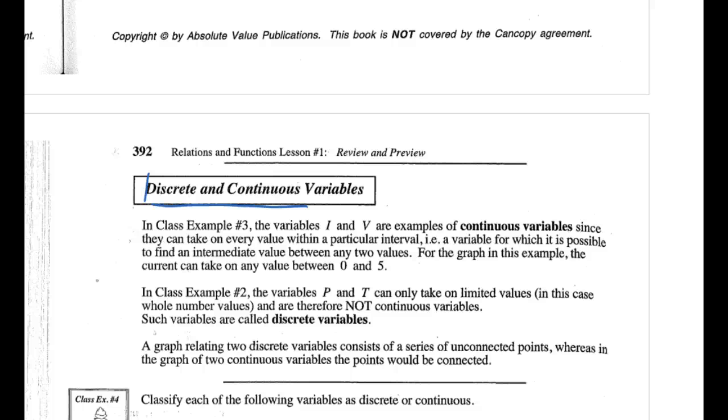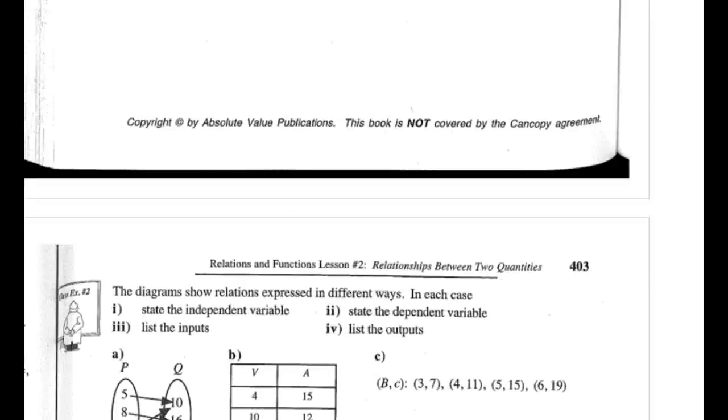Again, the toothpicks example would be discrete for the reason I mentioned earlier, and that is that you can only have triangles as whole numbers.